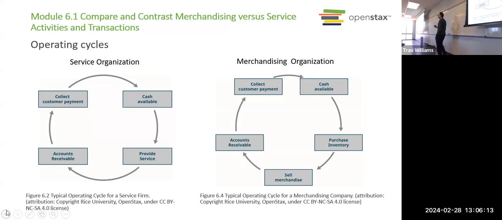So a merchandiser, or sometimes retailer, sometimes reseller, those are all words for the same thing. They are both a purchaser and a seller, right? And that's why in this chapter, you have to really pay attention to whether the company is buying or selling, right? Because it makes a difference in how you journalize the transaction.